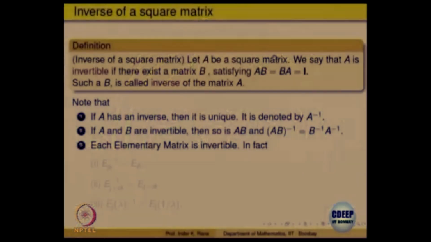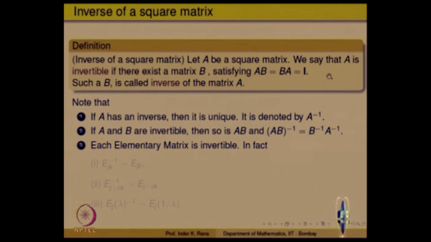So to say that something like an inverse exists, we have to put a condition that A is a square matrix of any order. We say A is invertible if there is a matrix B such that A into B and B into A both are defined. They will be defined if B is also of the same order as the matrix A, and equal to the identity matrix.